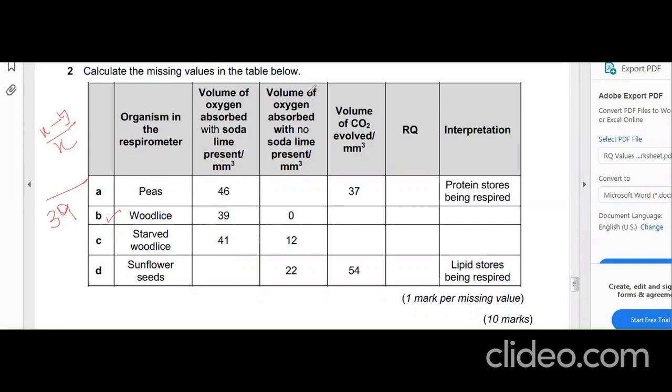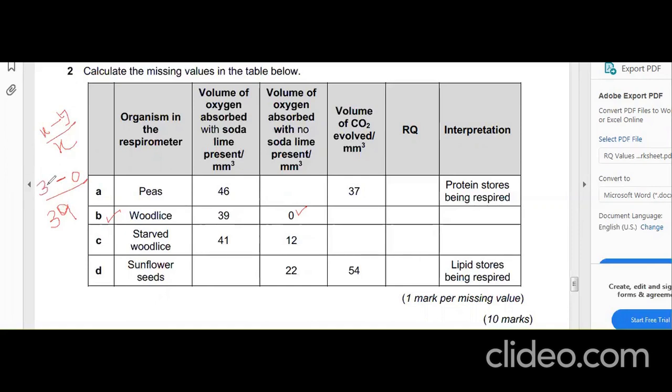Now the volume of oxygen absorbed with no soda lime means the Y value is 0, minus the volume of carbon dioxide evolved. The volume of carbon dioxide evolved is equal to X minus Y, and the X value I know already is 39.